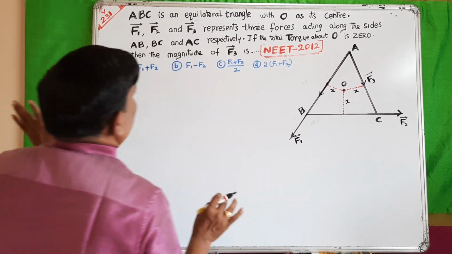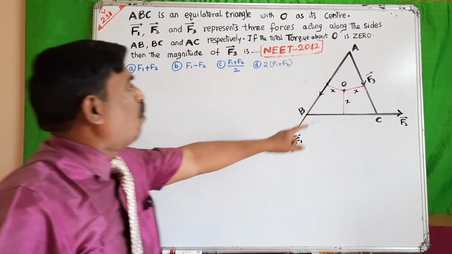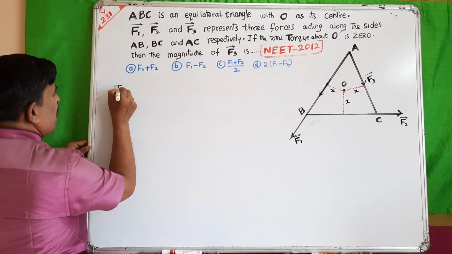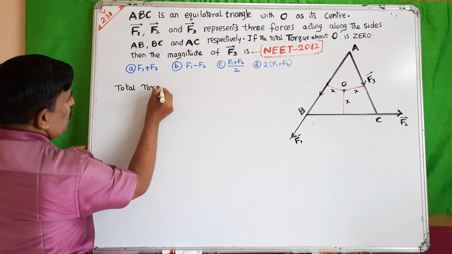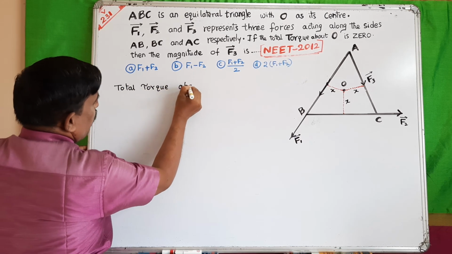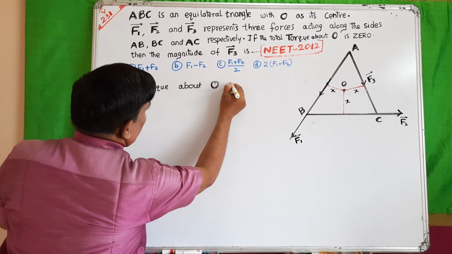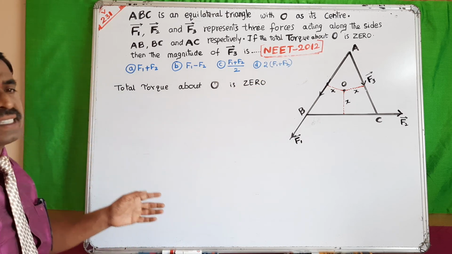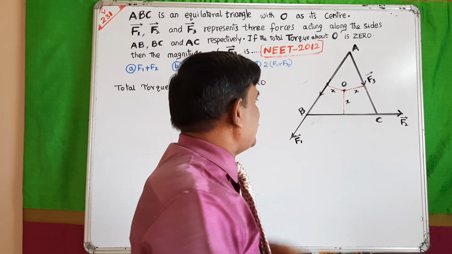Now they told very clearly, the total torque about O, the center of the triangle, is 0. Total torque means there are three torques acting on this system.